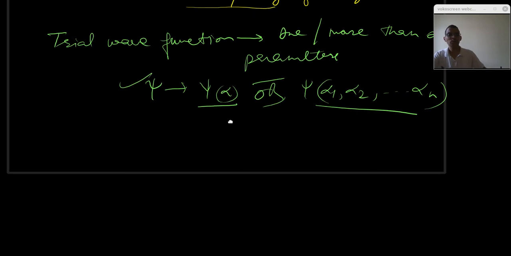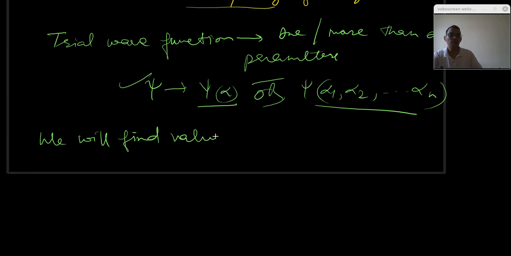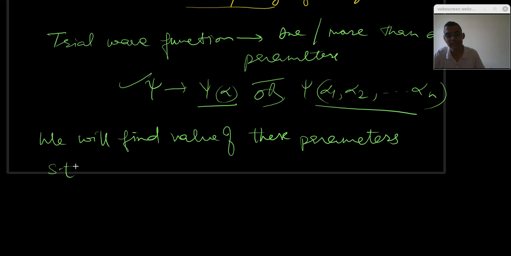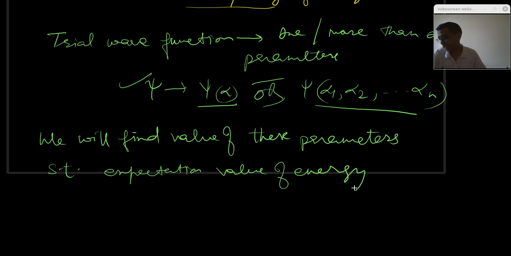Now what do we do? We will find the values of these parameters such that the expectation value of energy is the lowest possible, right?